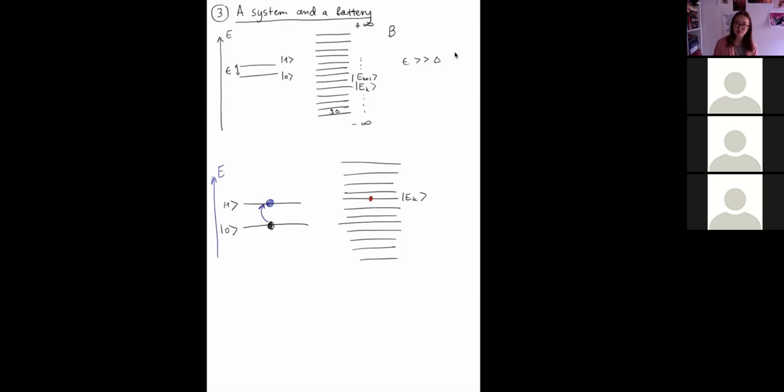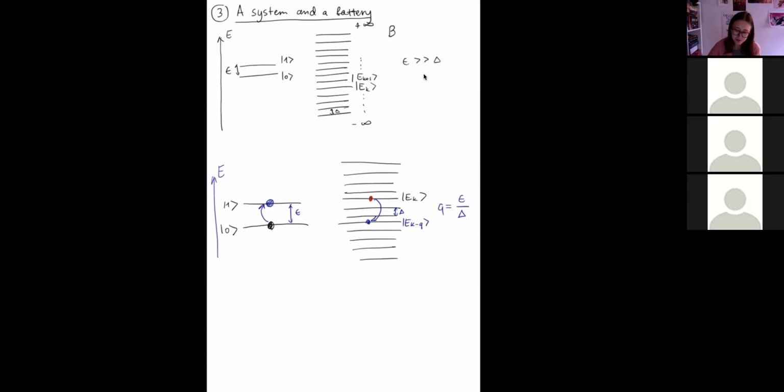But for this, we need some energy, and we can take this energy by lowering the state of the battery to some state Ek minus Q. We need to lower it by the same energy we raise the state of the qubit. So Q would be epsilon over delta. If this is epsilon and this is delta, then Q is the number of levels that we have to lower the state of the battery.